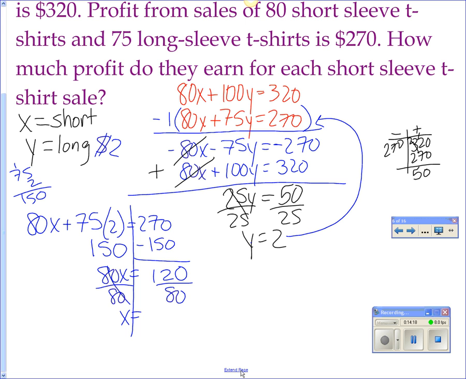How many times will 40 go into 120? 40, 80, 120. 3 times. How many times will 40 go into 80? Twice. They will accept that as the right answer on the exam. Okay. You could also write it as a decimal. Does anybody know what 3 over 2 is as a decimal?